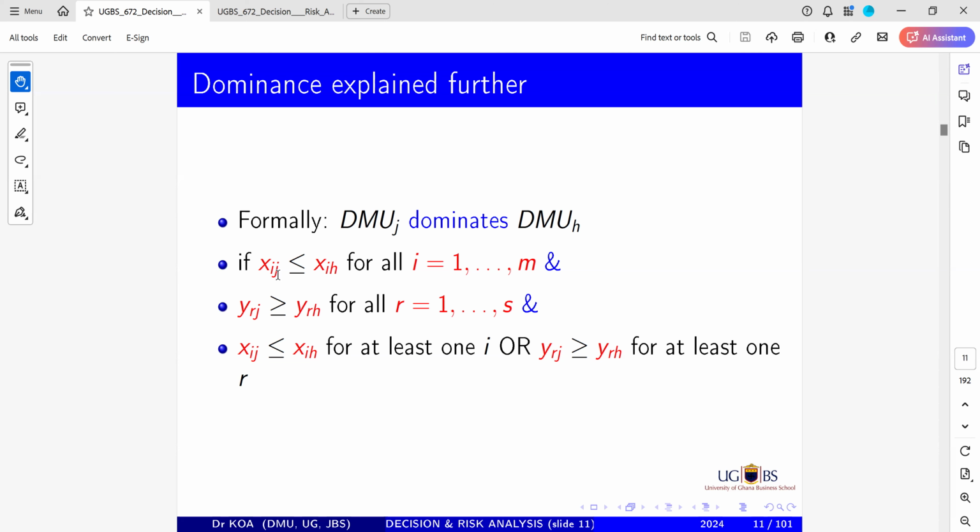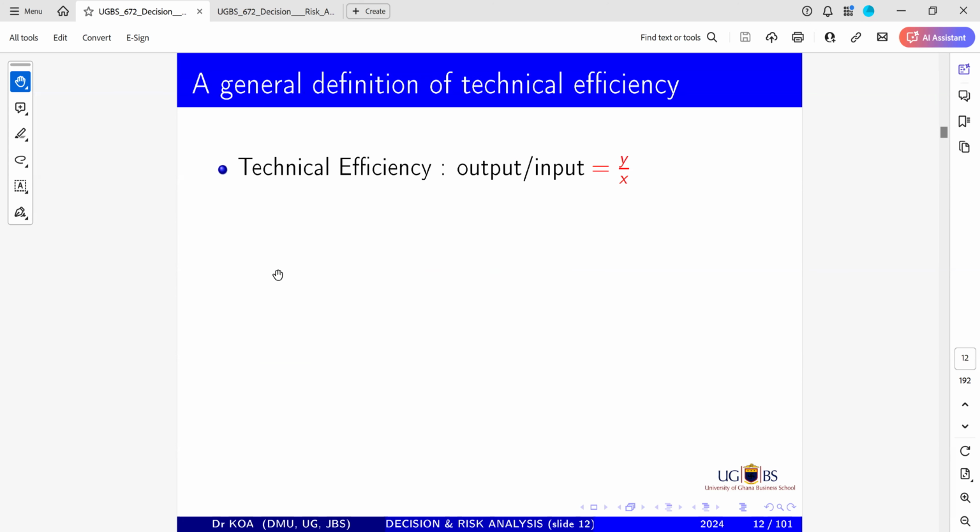You don't need all of the inputs, but at least one of them. The same thing with the output.